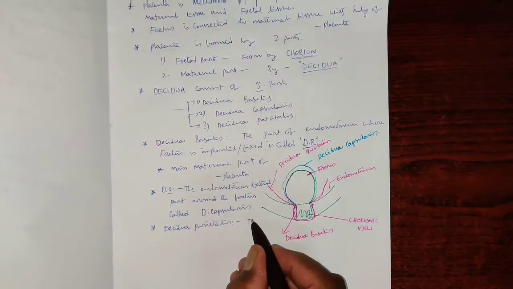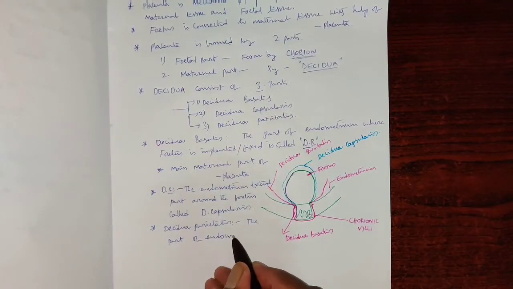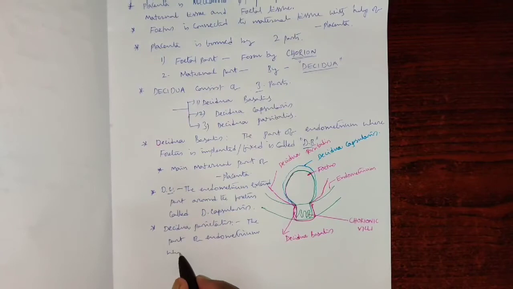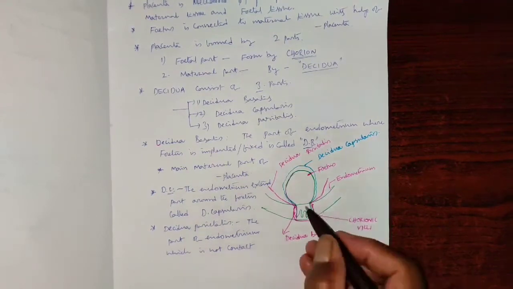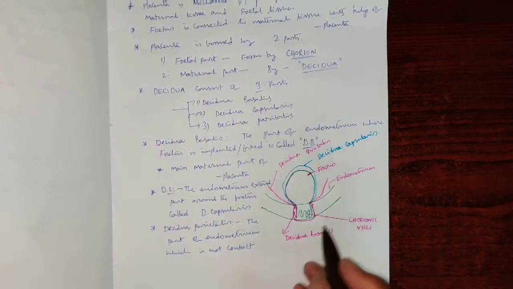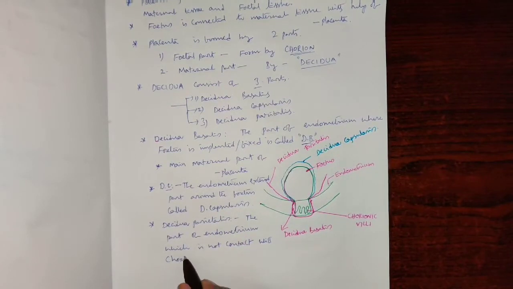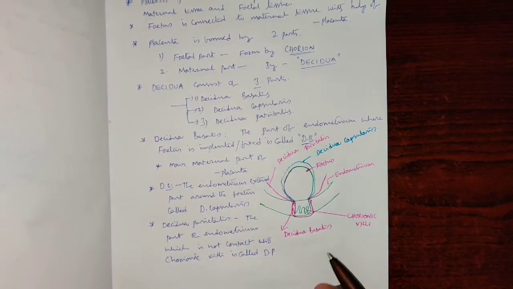the part of endometrium which is not in contact with chorionic villi is called decidua parietalis.